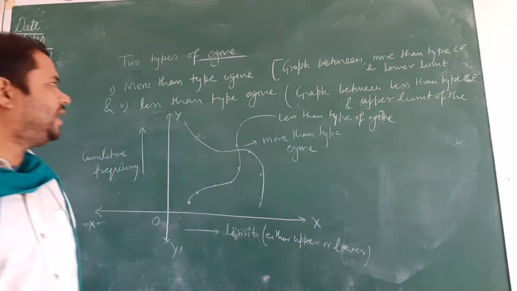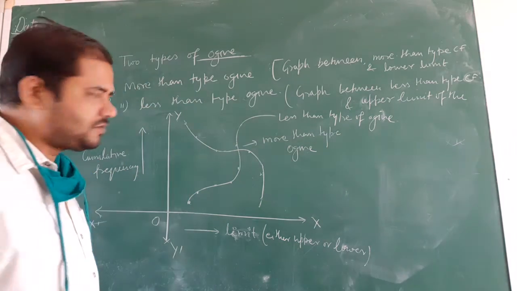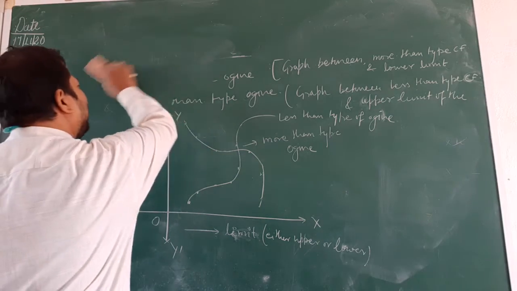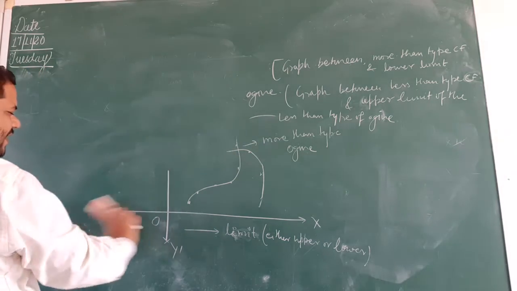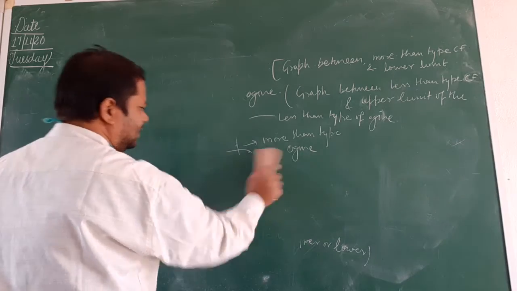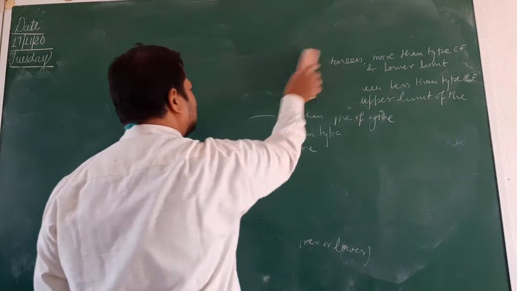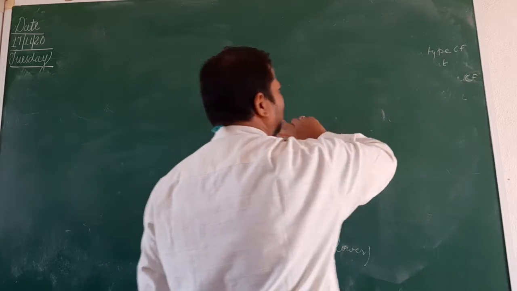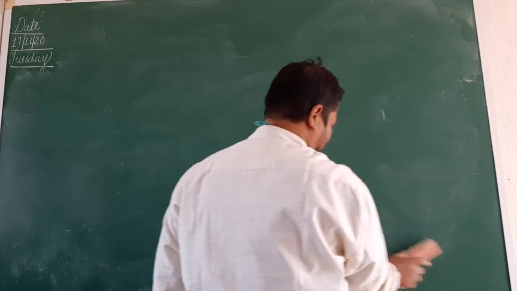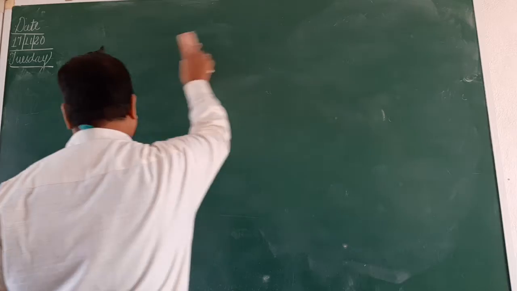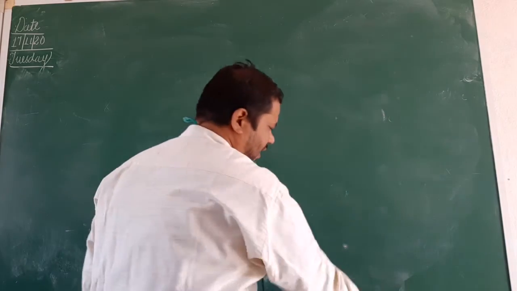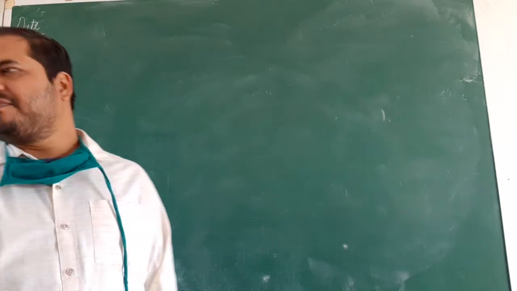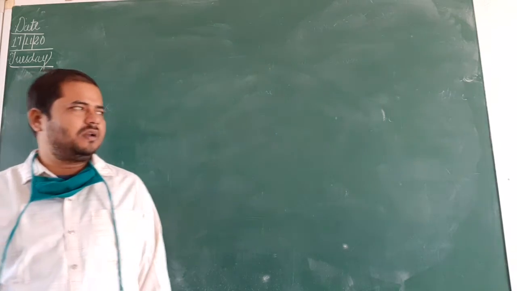Okay, see, you are just going to take table number 14.17 in which frequency and cumulative frequency are given. First we take less than type and then we take more than type in the same graph and we draw the ogives. And one more thing is there.